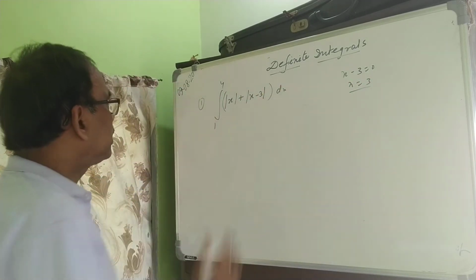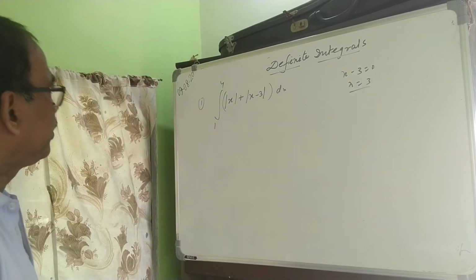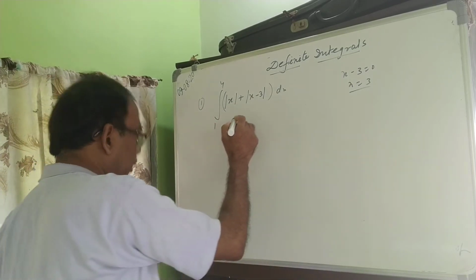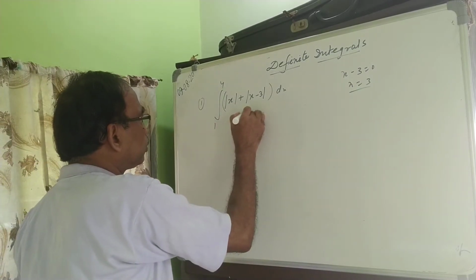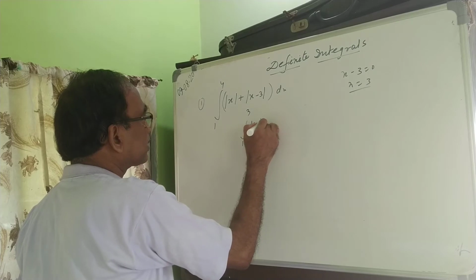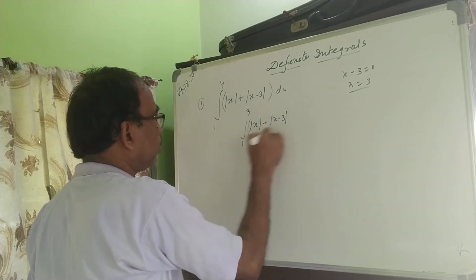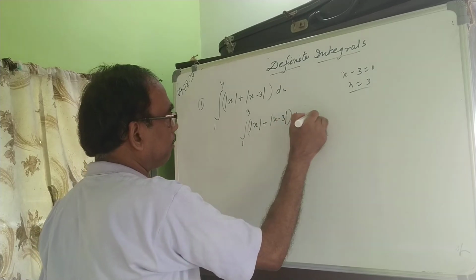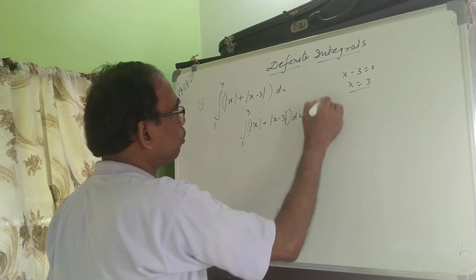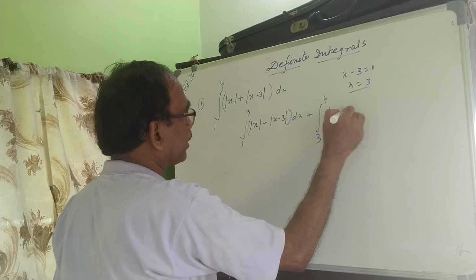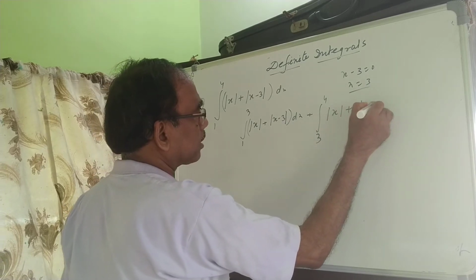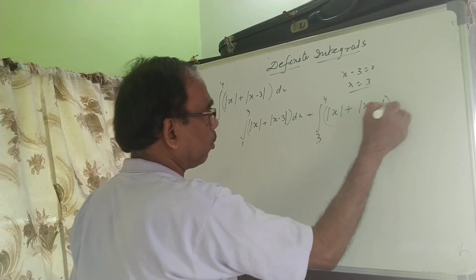We have to break this modulus function into two intervals, that is, integral from 1 to 3 of modulus of x plus modulus of x minus 3 dx, plus integral from 3 to 4 of modulus of x plus modulus of x minus 3 dx.